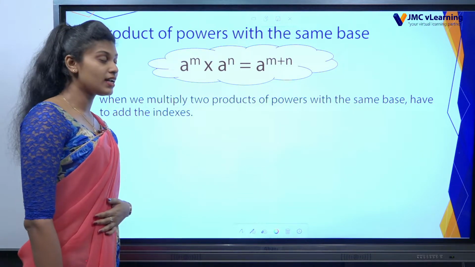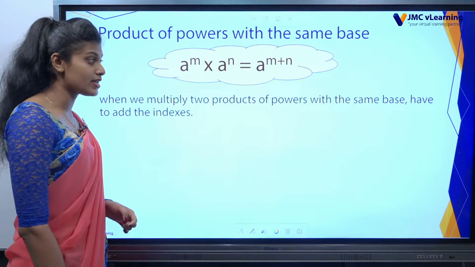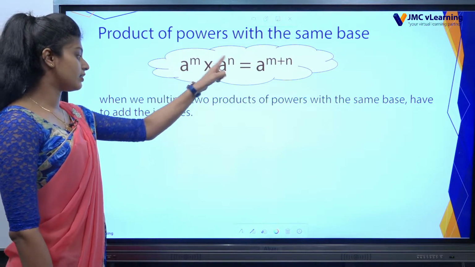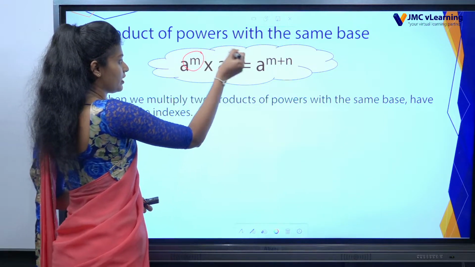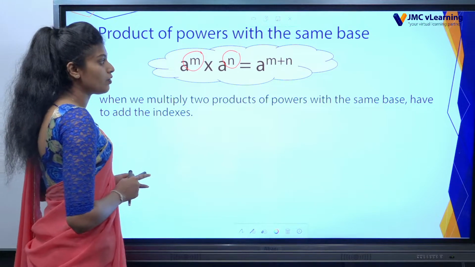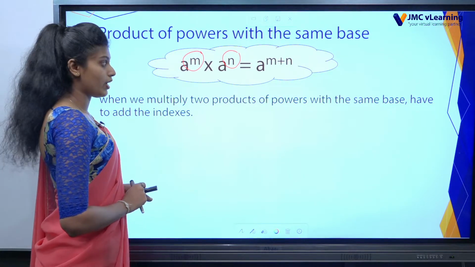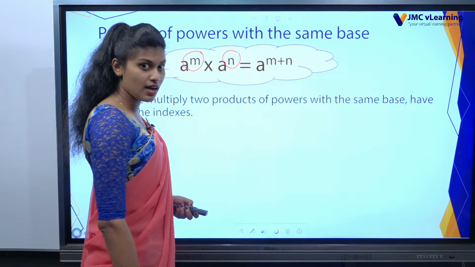So when you multiply two powers with the same base, you have to add the index. Here the index is m, here the index is n. Then when you multiply them, what do you have to do? You have to add the index. m add n is the answer.